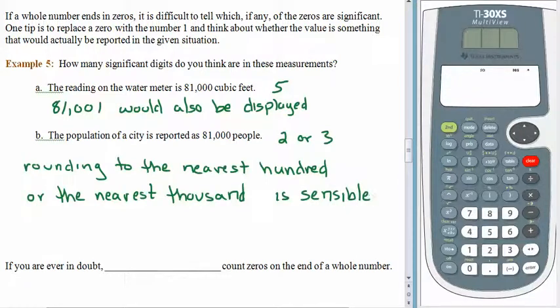Well, we have to pick one. Do we want 2 significant digits or do we want 3 significant digits? And since we really don't know what happened in this city, we're not sure. So if we're ever in doubt, we are not going to count the zeros on the end of a whole number. So this says do not count the zeros on the end of the whole number, which means that 81,000 would have 2 significant digits.